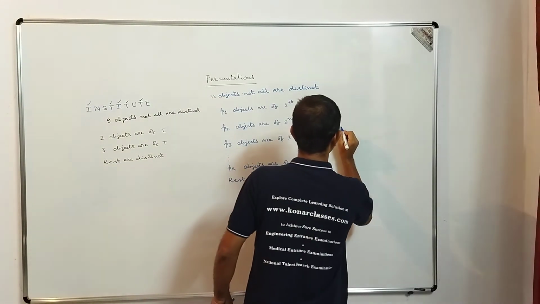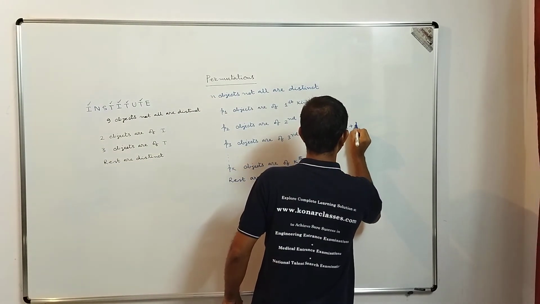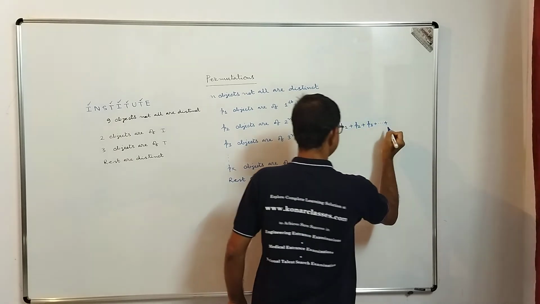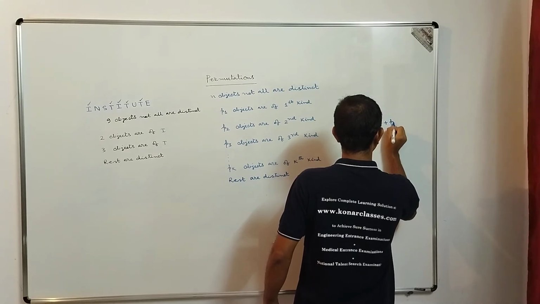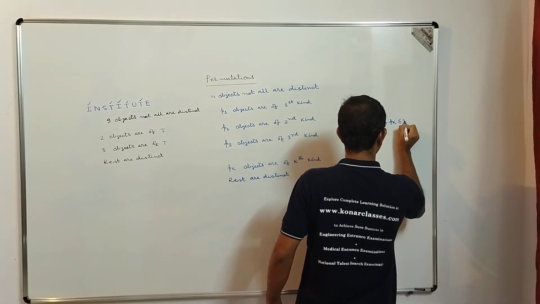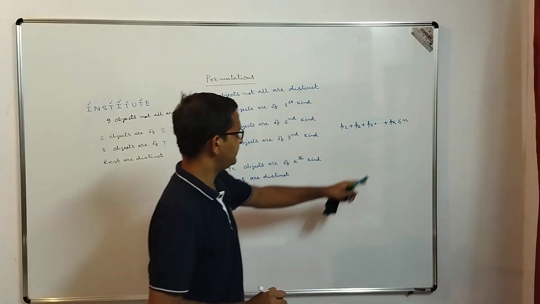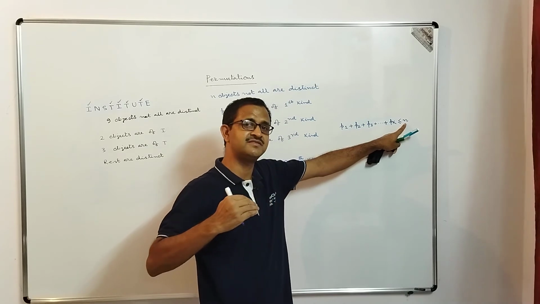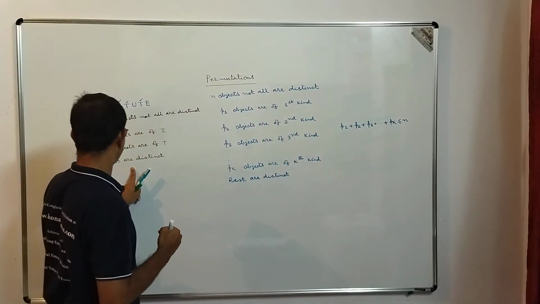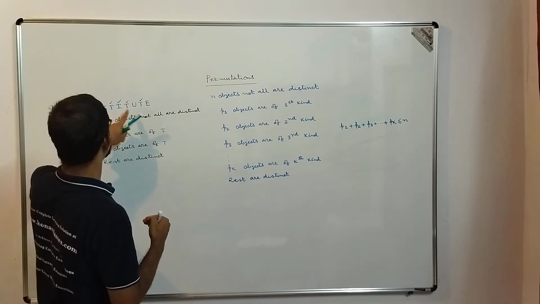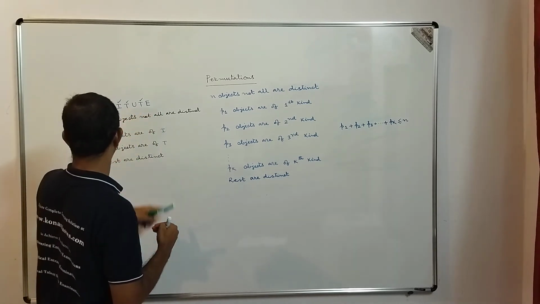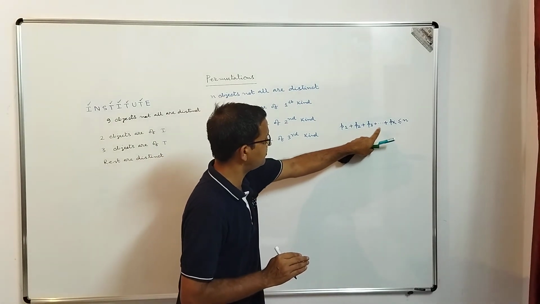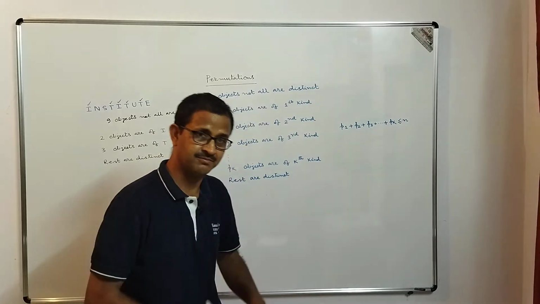That means P1 plus P2 plus P3 up to Pk is less than or equal to n. It can be less than n, in which case the remaining objects have to be distinct, like N, S, U, E, which is the case here. And it may be possible that P1 plus P2 plus P3 up to Pk becomes exactly n.